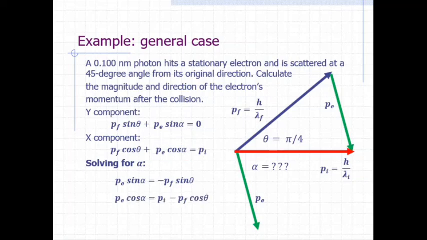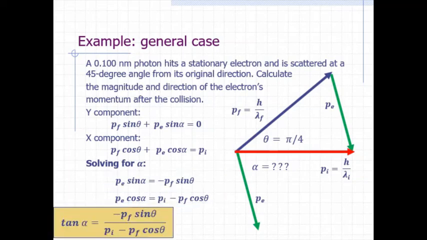We get p sub e times cosine alpha equals p sub i minus p sub f times cosine theta. Dividing this equation by this equation gives us this equation for tangent alpha. Remember that sine alpha divided by cosine alpha gives us tangent alpha.